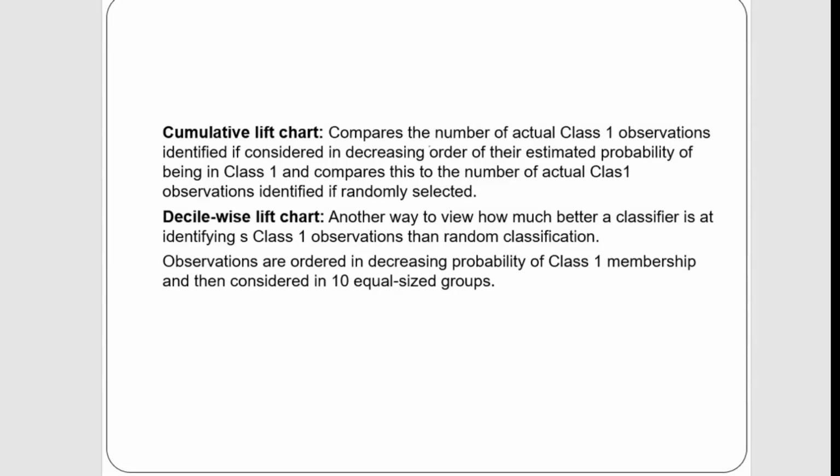We compare the actual class 1 observations identified by our model compared to the number of actual class 1 observations identified if randomly selected. What that means is, let's say I'm looking at the top 10% based on probability scores. So suppose my sample has 100 people. The top 10% or decile would be 10 people. Also, to keep things simple, let's assume that our class 1 prevalence rate is 10%.